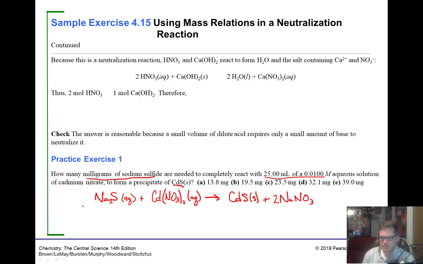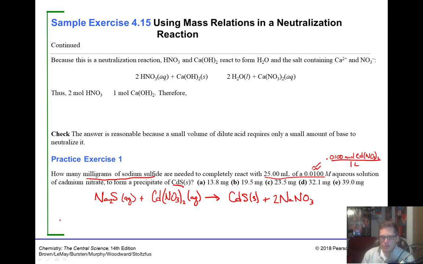Okay, so what we're going to do, remember, when we have this symbol here, this 0.01 molar, that's the equivalent of saying you have 0.0100 moles of Cd(NO3)2 to 1 liter, right? Those two things are saying the exact same thing.